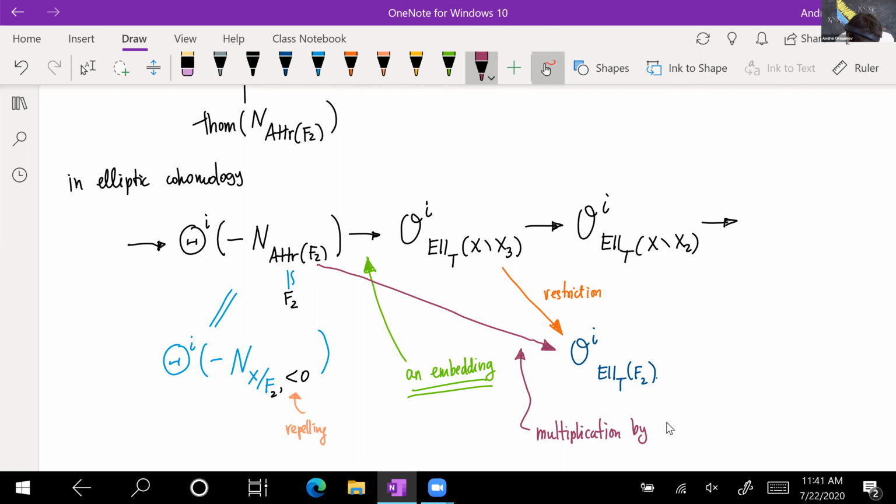By the product of the functions, now I take repelling weights. And the point is, these are all non-trivial A weights. Since these are repelling, they're in particular all non-zero A weights.